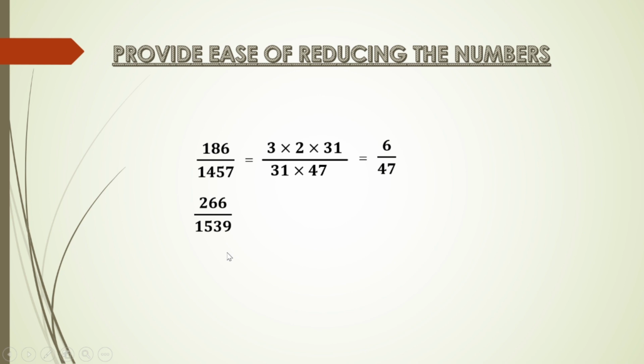You'll feel that you won't be able to reduce it by the older methods. It's not impossible, but it will take time. But by doing this method, instead of looking for the common factor, prime factorizing them will give you the fruit early. You'll be able to reduce it early. So I'm leaving 2 questions here.